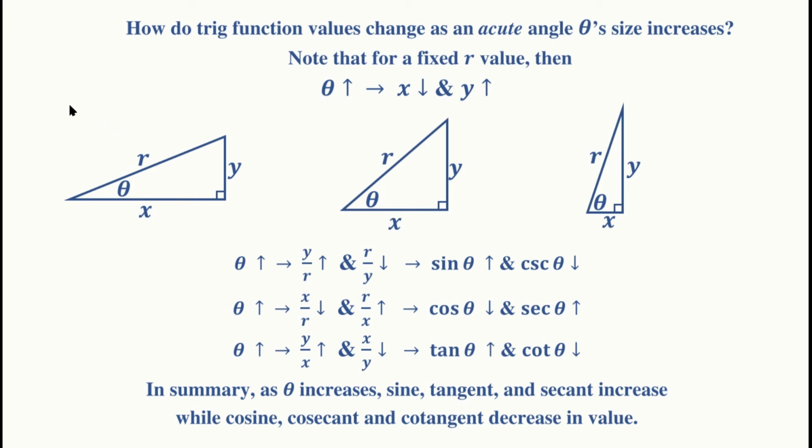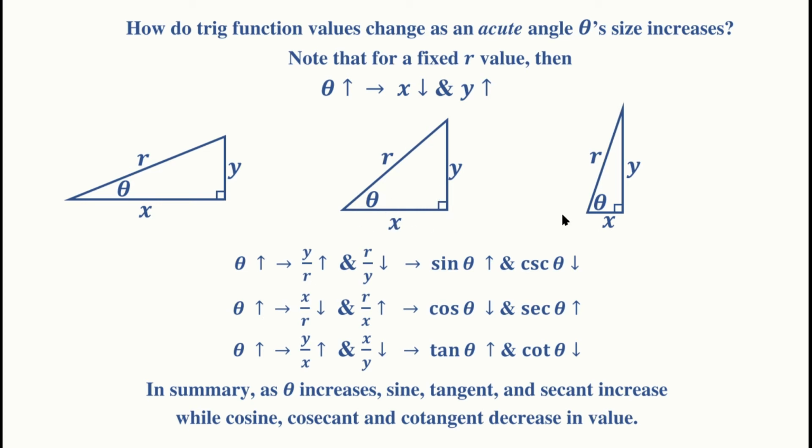You have to limit yourself to acute angles, otherwise things can change. So we're only concerned with theta values greater than 0 but less than 90, where all that we're describing here holds true. Now what happens to x over r?